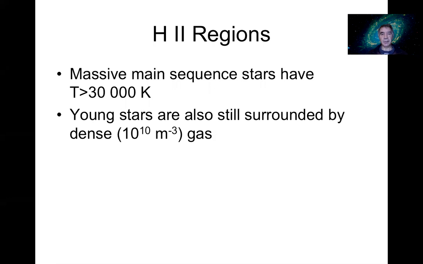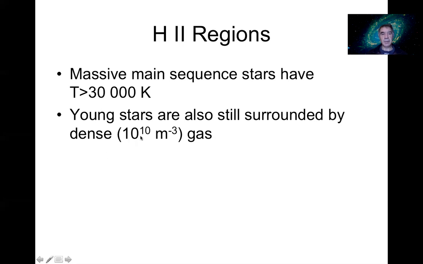In order to form a star, and we'll come back to this a few times, you need a cloud of interstellar gas that collapses under its own gravity to pull material in and collapse right down to form a new star. But as it does that, as soon as it forms, it's still surrounded by a cloud of dense gas.